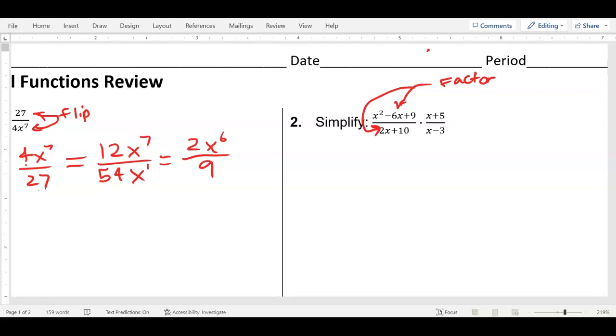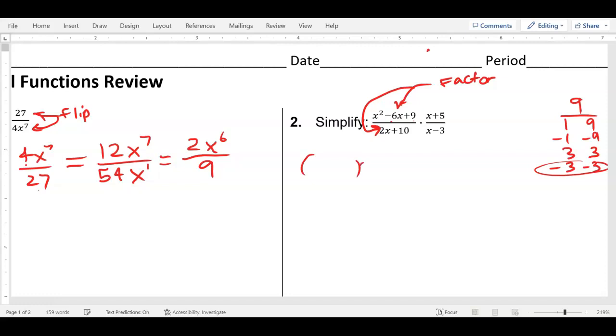So to factor this, we need that 9, that c value right here. Find all of the factors of 9. So 1 times 9, negative 1 times negative 9, 3 times 3, and negative 3 times negative 3. And which one of these pairs is going to add up to make this middle term negative 6? And the answer is negative 3 and negative 3.